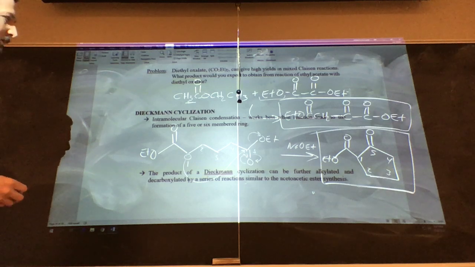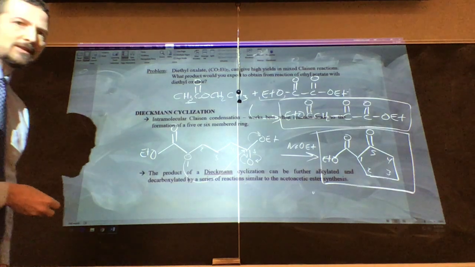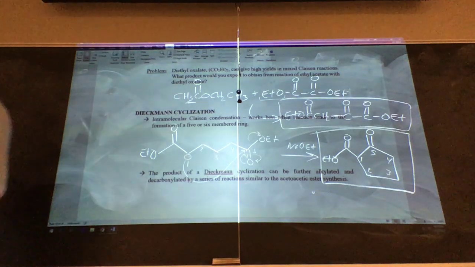The product of a Dieckmann cyclization can be further alkylated and decarboxylated by a series of reactions similar to the acetoacetic ester synthesis. Let's go ahead and look at that.